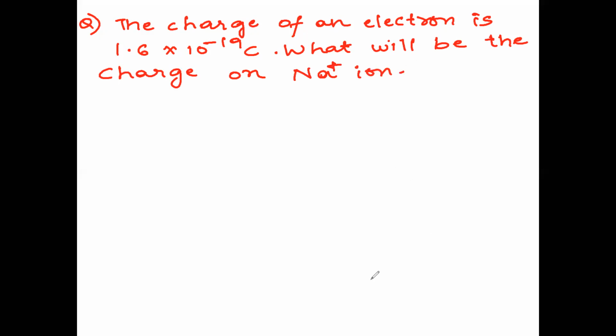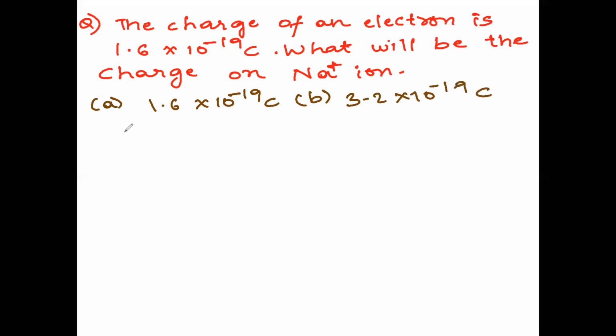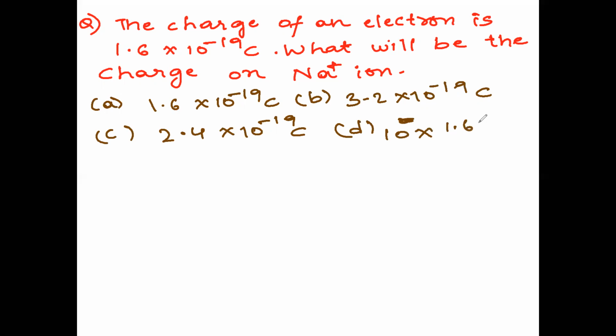So here they have given the charge of electron. Options also I am writing because this question's options are important. This is a previous JEE Mains question. Option 1, 1.6 into 10 to the power of minus 19 coulomb. Option 2, 3.2 into 10 to the power of minus 19 coulomb. Option 3, 2.4 into 10 to the power of minus 19 coulomb. And option 4, 10 into 1.6 into 10 to the power of minus 19 coulomb.